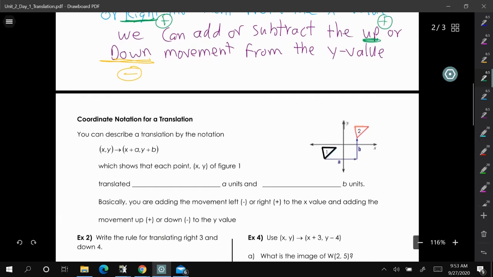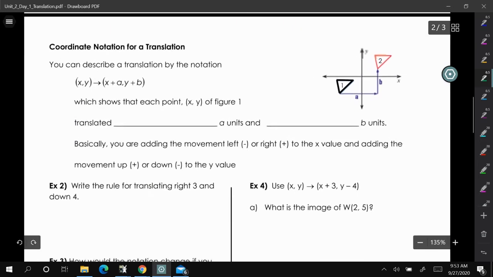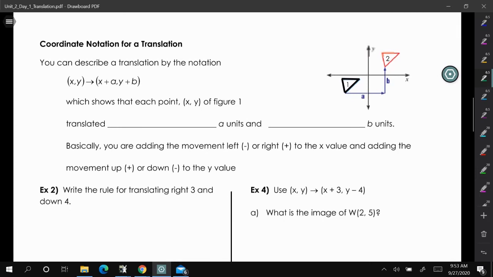On the next page, this is how we would write the translation rule. It says you can describe a translation by the notation x comma y, and that arrow means you're transforming this, and we can add the a value to the x-coordinate and add the b value to the y-coordinate based on this picture here.